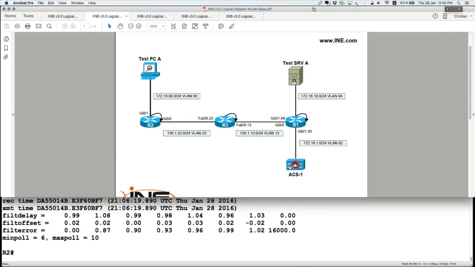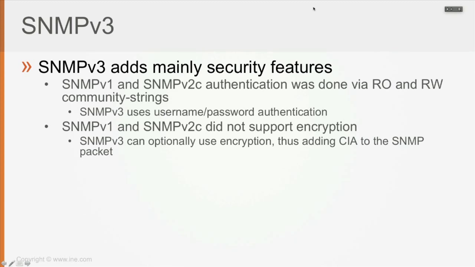So that's why they came up with version 3, which uses username and password authentication, and you're going to see exactly how that works. Why is that better? It's not because it's username and password based, but because of how the credentials are being sent back and forth between the manager and the agent.